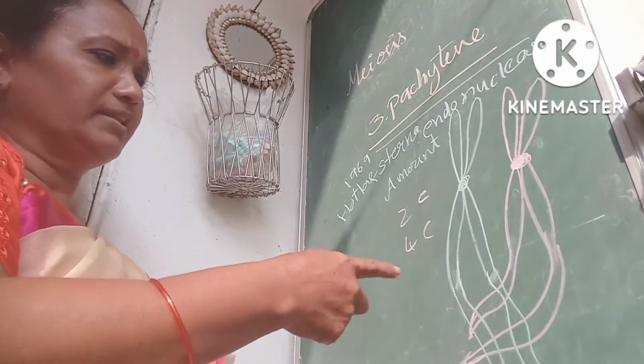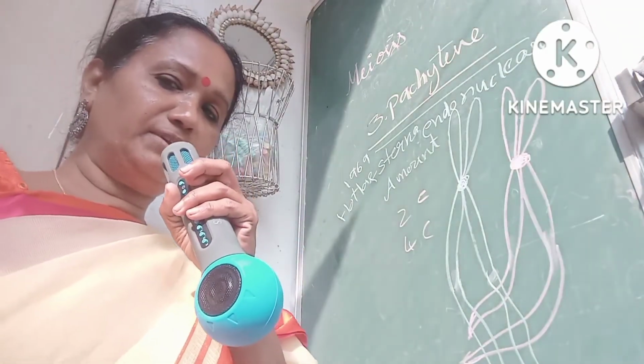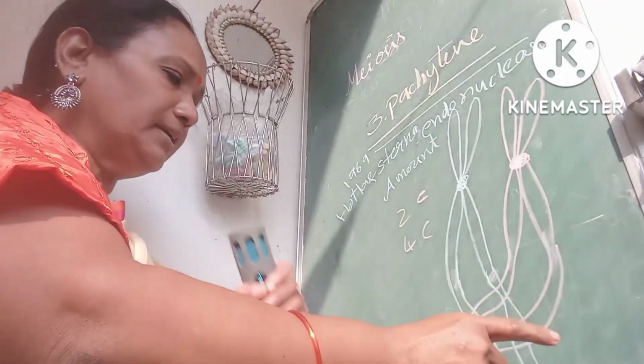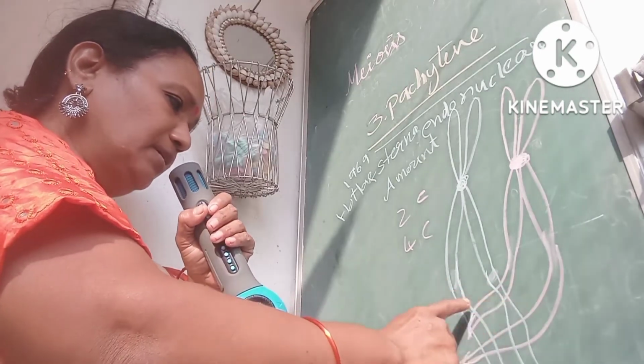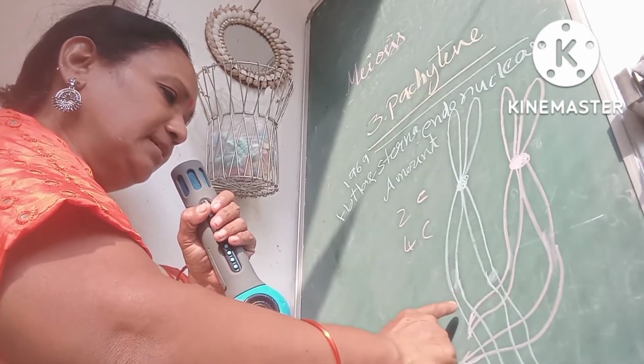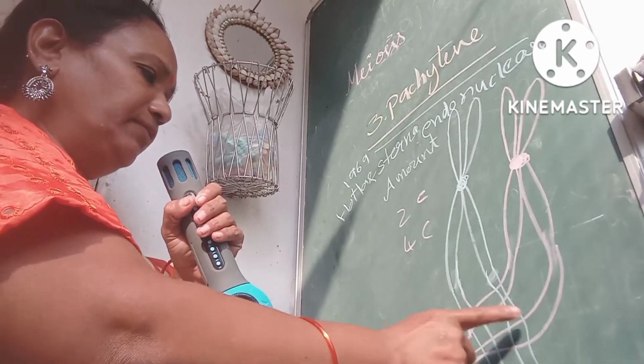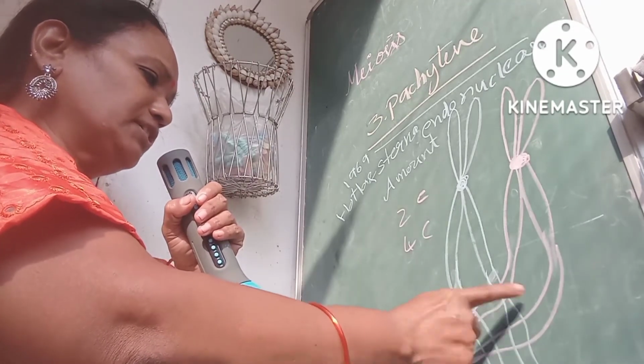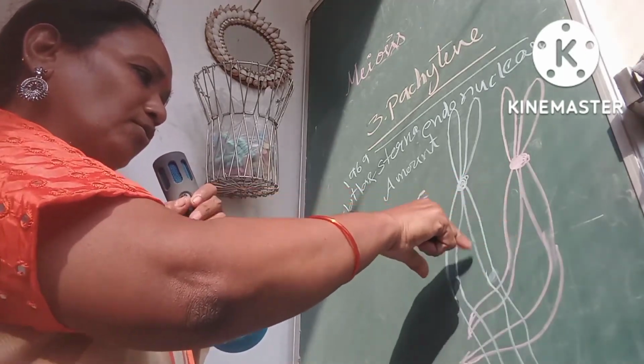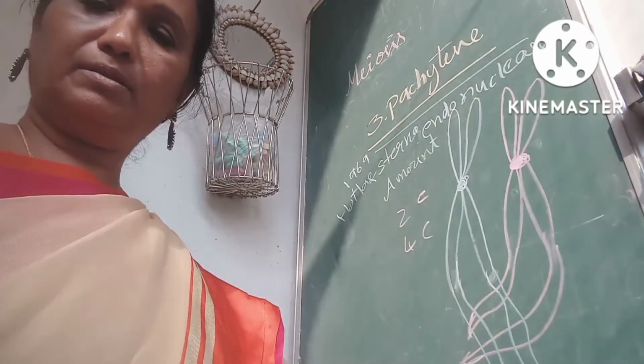In this way it happens. After division of chromatids, the interchange of the chromatids takes place between non-sister chromatids of homologous chromosomes.